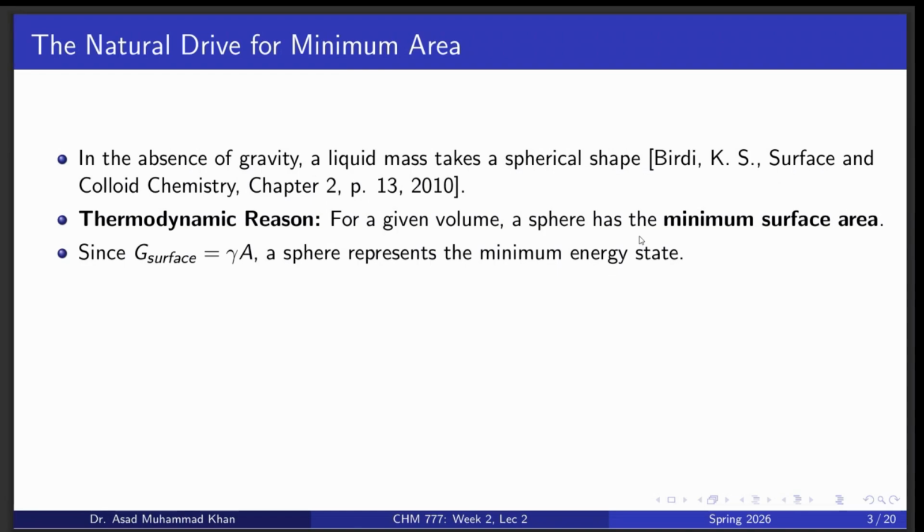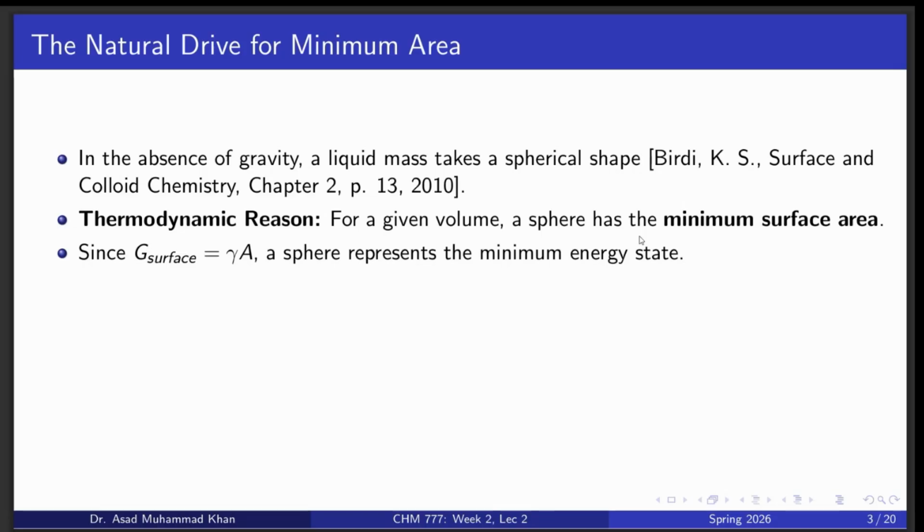So in the absence of gravity, a liquid mass takes a spherical shape. Okay. But obviously, you just saw that the soap bubbles in the demonstration were under the influence of gravity, so they were not perfectly spherical. So when there is absence of gravity, then the liquid will make a spherical shape.